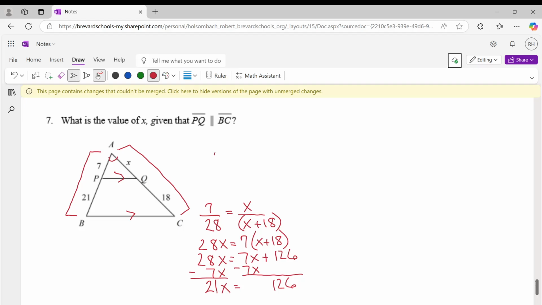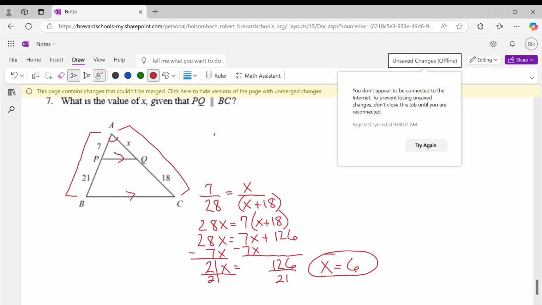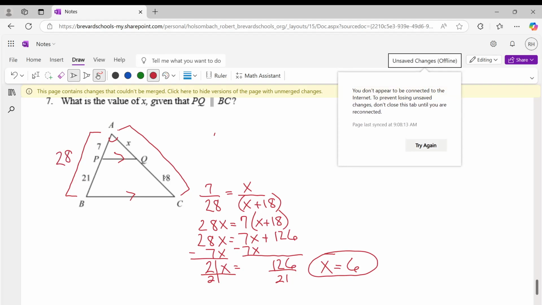And then divide each side by 21. And our x equals 6. Just please remember on the big triangle to add the two small pieces together. This is 28. This is x plus 18.